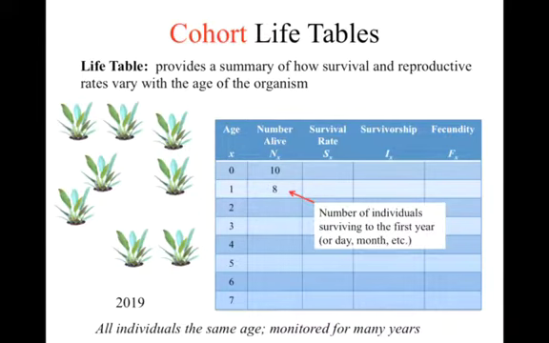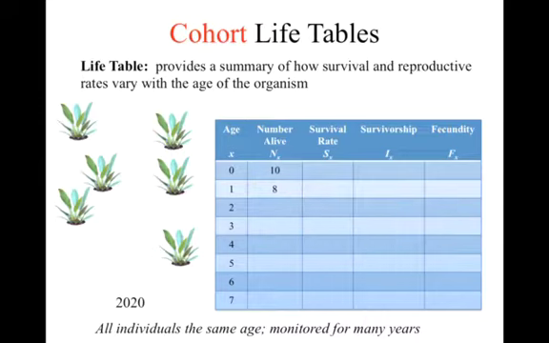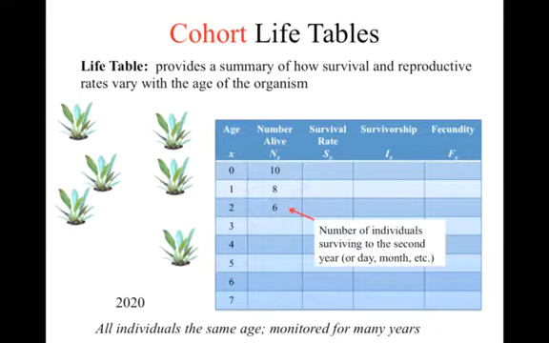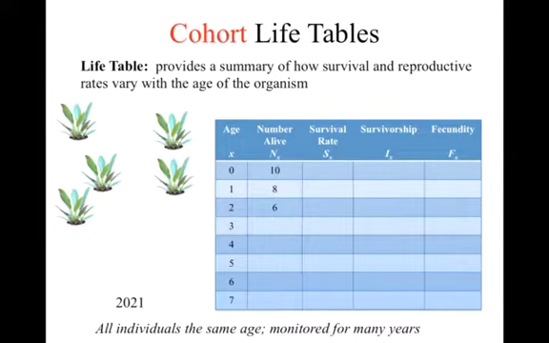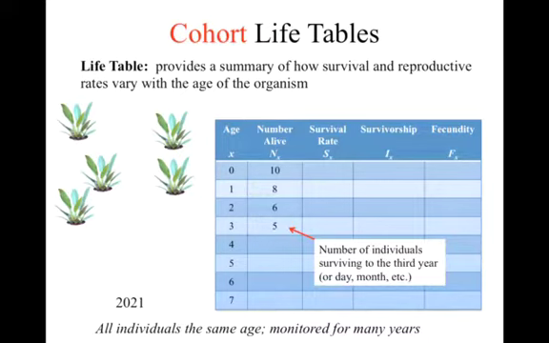All right. So that's the number of individuals that survived from age 0 to the first year. They survived through the first year. I then go back in 2020 and I count and I see now I've got 6 plants left from that initial cohort. And so that's the number of individuals surviving to the beginning of the second year. Go back in 2021 and maybe I only have 5 plants left from my initial cohort. That's the number of individuals surviving to the third year.